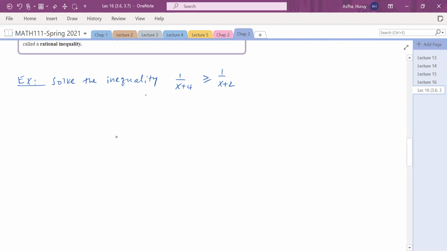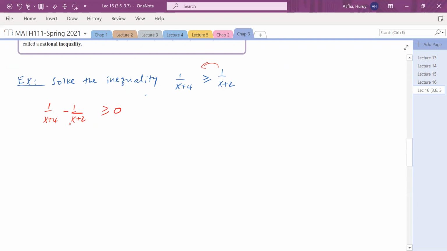Okay. Now let's see how we can solve a rational inequality. We have this simple example, and we want to find where this inequality holds. The first thing that we do is similar to the polynomial inequality. We bring all the terms to one side, and I will have 1 over x plus 4 minus 1 over x plus 2 greater or equal to 0. I just bring this one to the left.